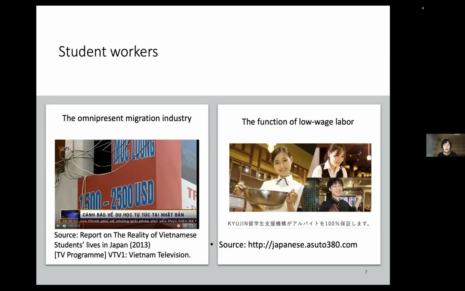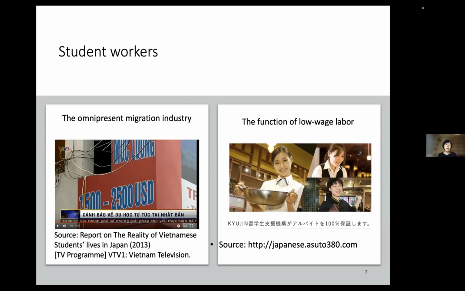So for those countries with non-English-speaking higher education, such as Japan or Germany or many other places, language academies become the first step for students to enter international education.